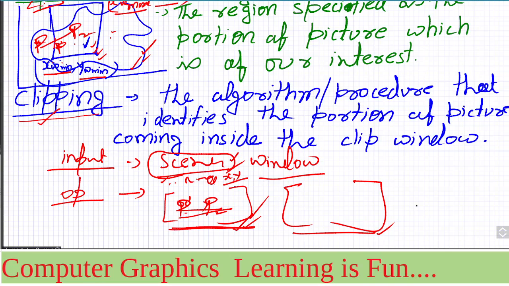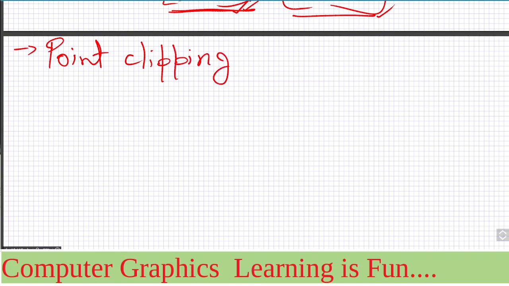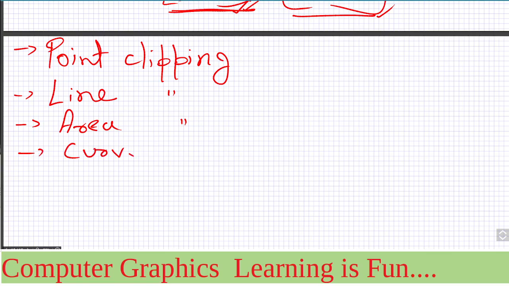Having known about these things, let me tell you what different clipping algorithms may be possible. One can be point clipping. One can be line clipping. Another can be area clipping, curve clipping, and text.